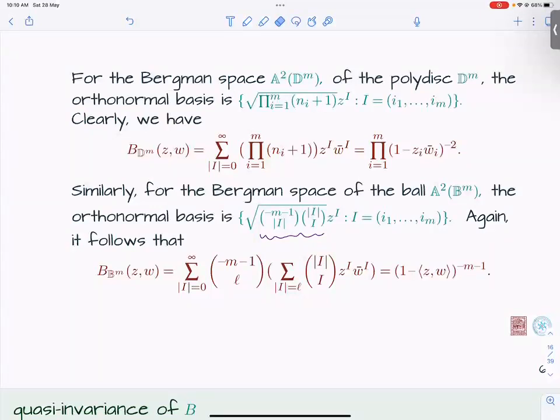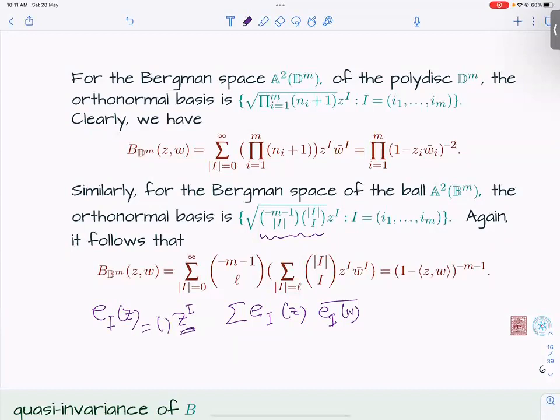Everywhere there is a square root. Here also, in what I wrote, there is a square root. So this expression is nothing but the orthonormal basis, e_I(z) equal to z to the power I, except there is some coefficient here.